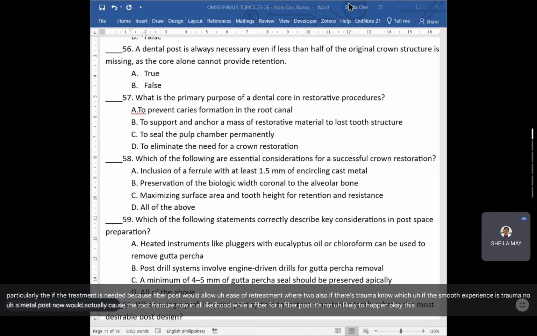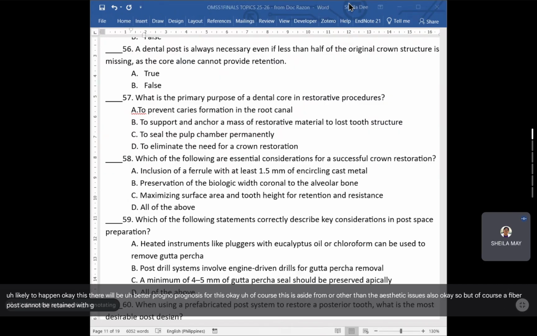There will be a better prognosis for this, aside from the aesthetic issues also. Of course, a fiber post cannot be retained with GIC. We use resin luting material to retain our fiber post.